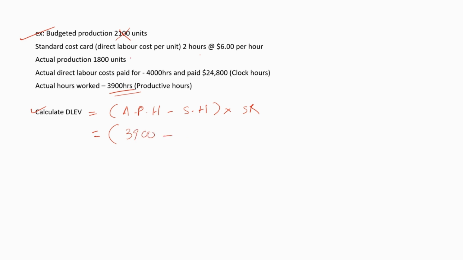Standard hours is equal to actual production units multiplied by the direct labor hours per unit value, which is equal to 1,800 multiplied by 2, multiplied by the standard rate, which is $6 per hour. This is equal to positive $1,800. This means this is a favorable value.